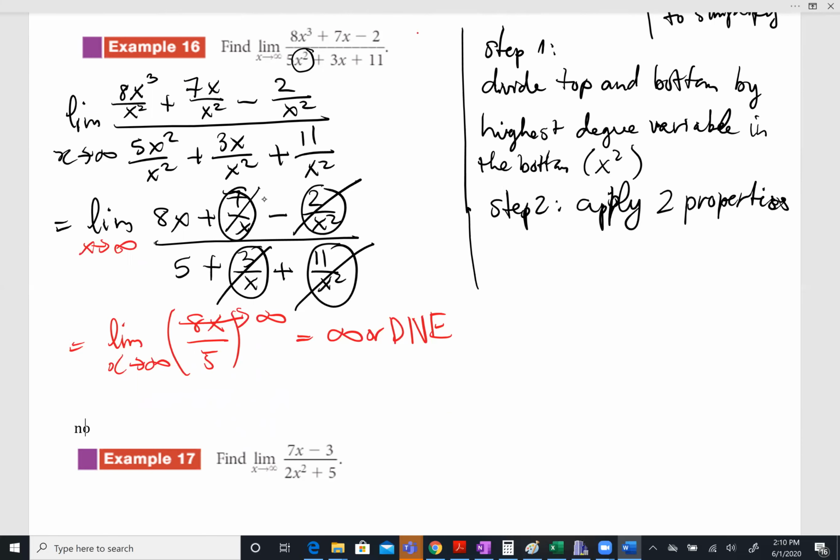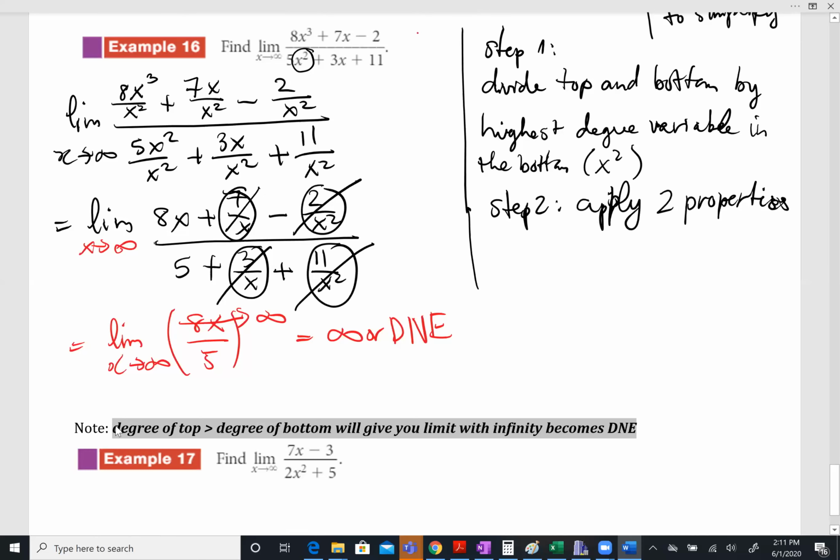Okay, so note that degree of top greater than degree of bottom will give you a limit involving infinity that becomes does not exist.